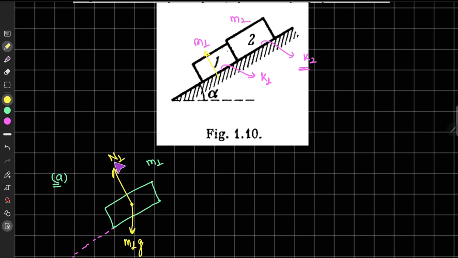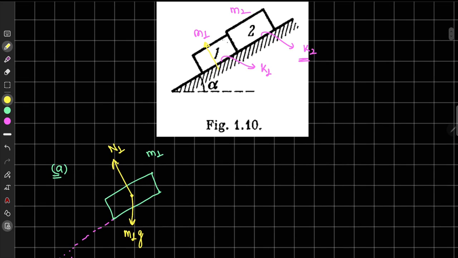This is the normal n1. And we will have the interaction force, that is the normal force between these two bars. Let us denote it as r, and it is accelerating in this particular direction, so we will have the friction force in this direction, that is equal to k1 into n1, where k1 is the coefficient of friction and n1 is the normal from the inclined plane surface.